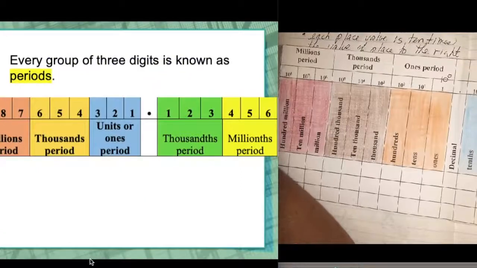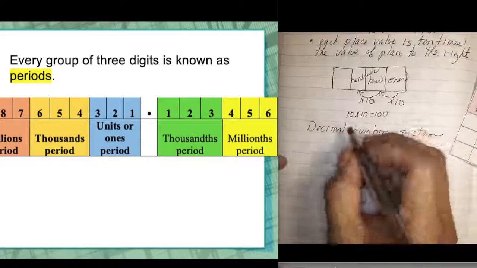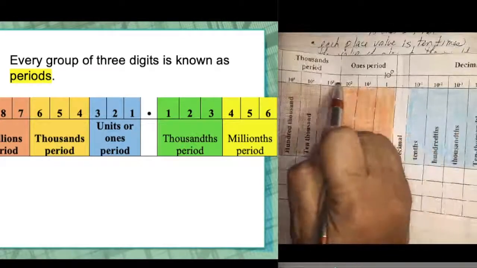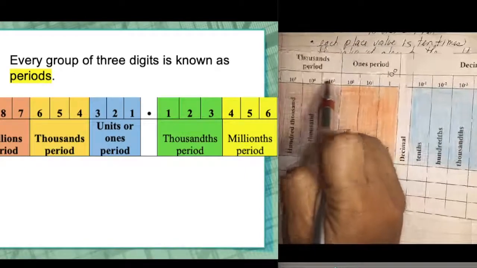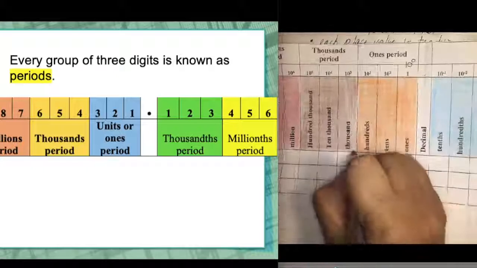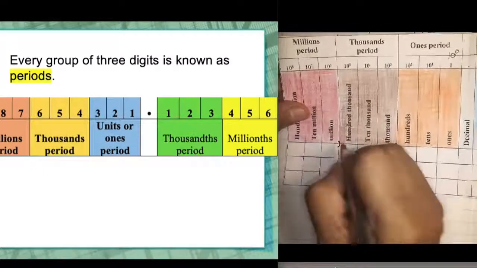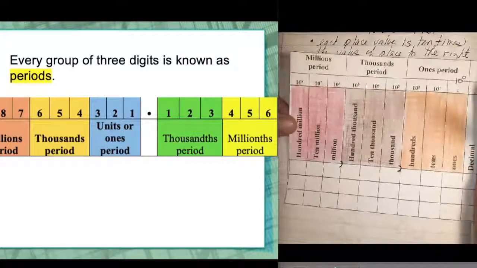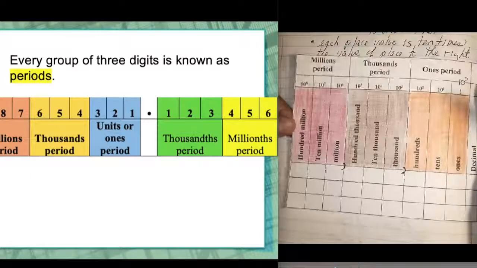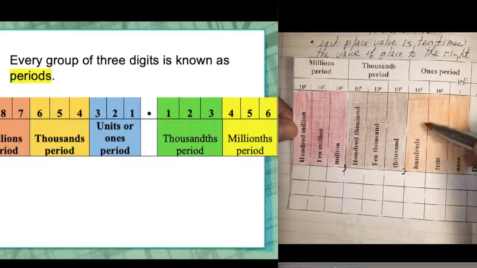Okay, we said periods are every 3 numbers. So notice you have 1, 2, 3. This is where you would put your comma. 1, 2, 3, comma. So here would be my commas. And normally we use that for our whole numbers, not in our decimals. So on the left side of the decimal point, we have our periods.